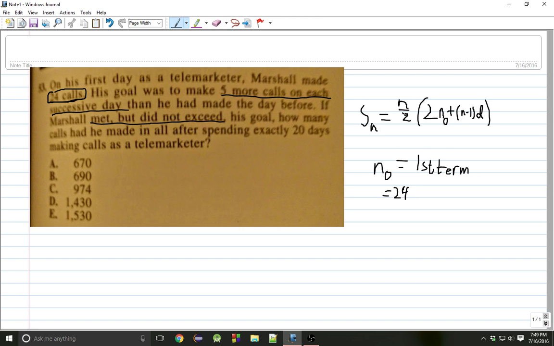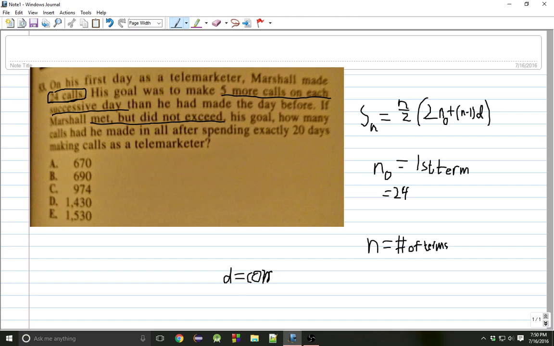Remember, n equals the number of terms in the sequence. And d is the common difference.